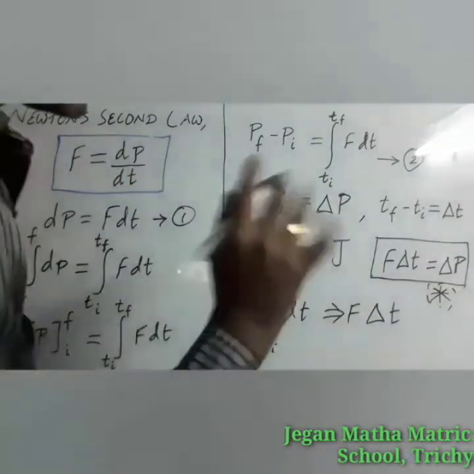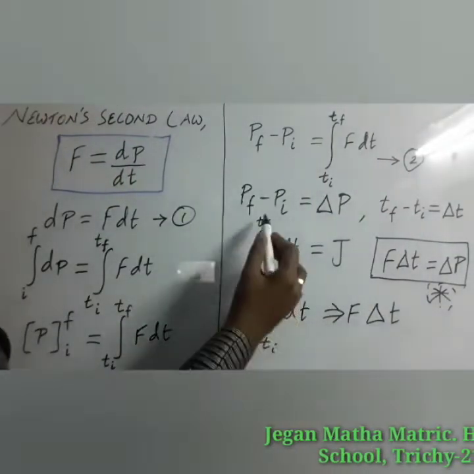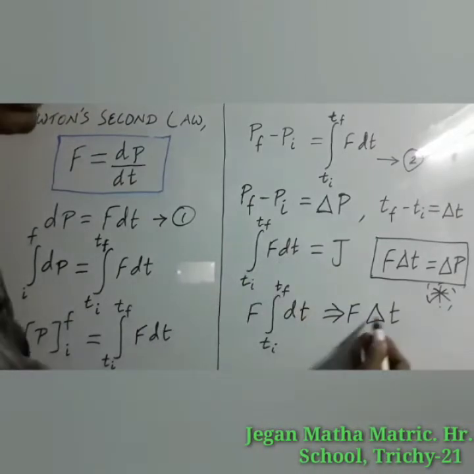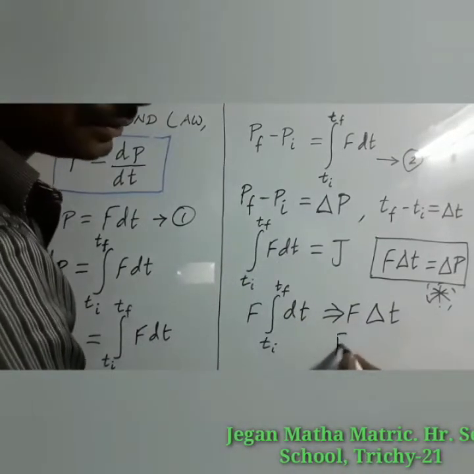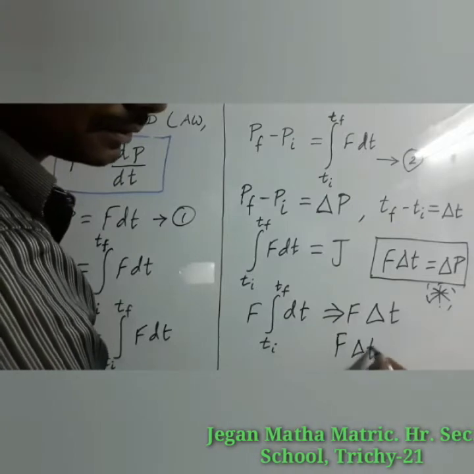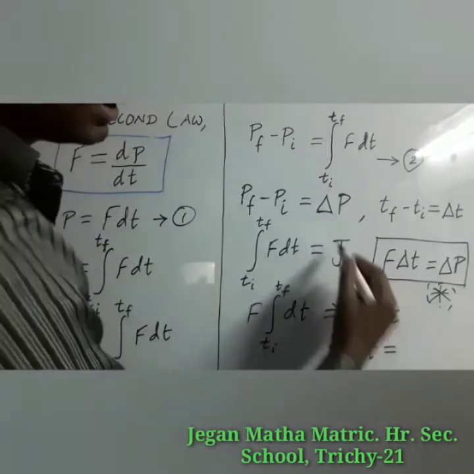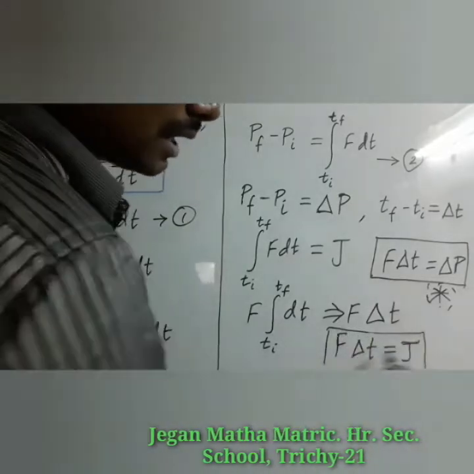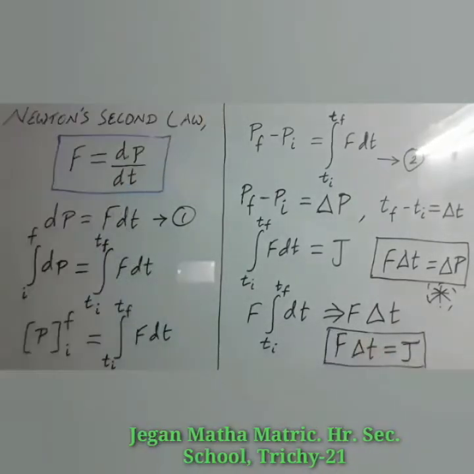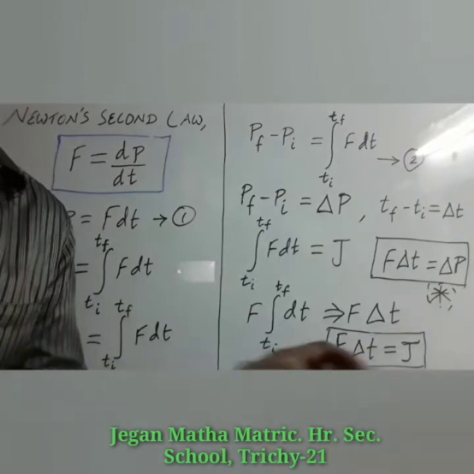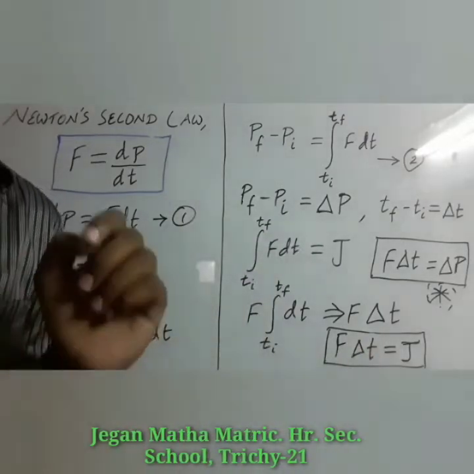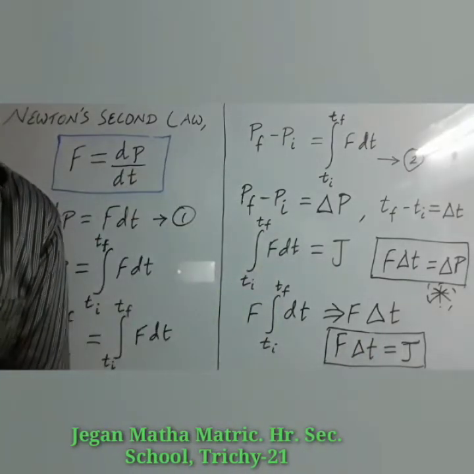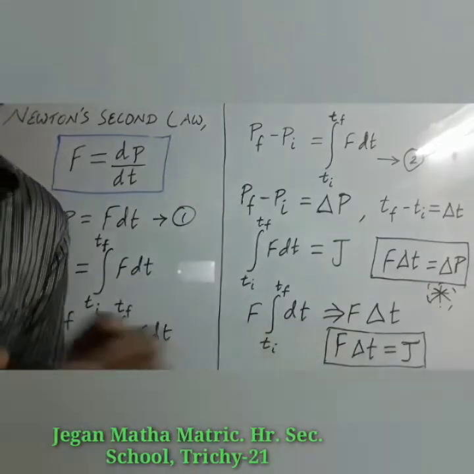Further, the integral of F dt, I have found that the value is F del t, which is equal to J, impulse. It is also another important relation. For a constant force, the impulse is denoted like this. Impulse is a vector quantity and its unit is Newton second.